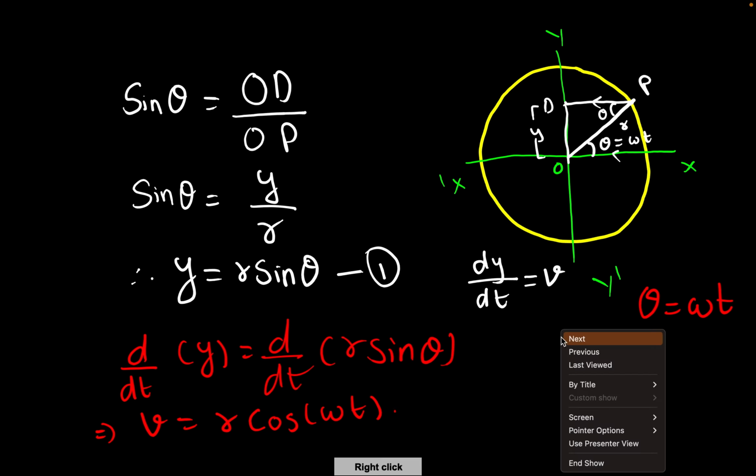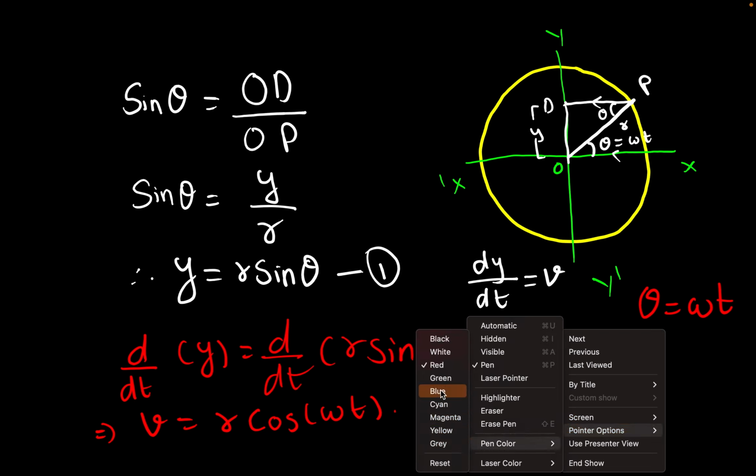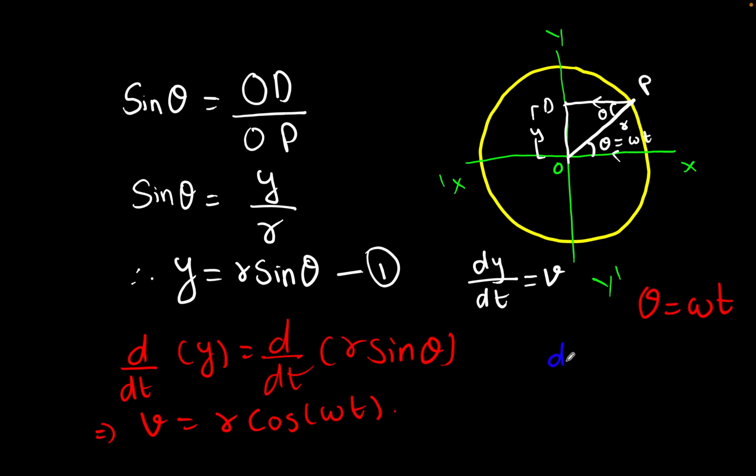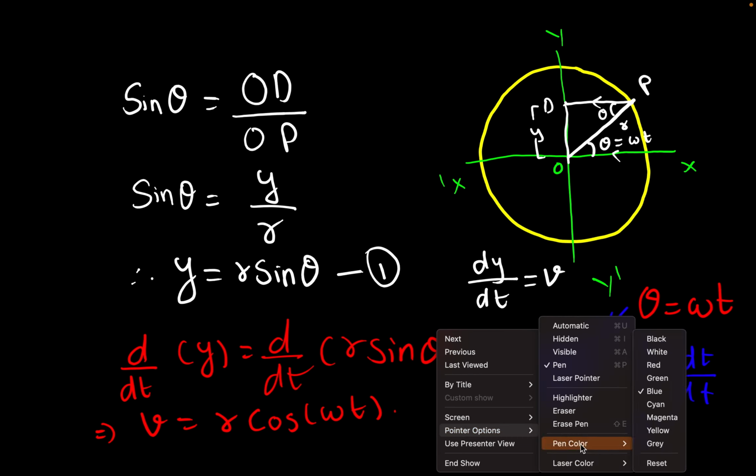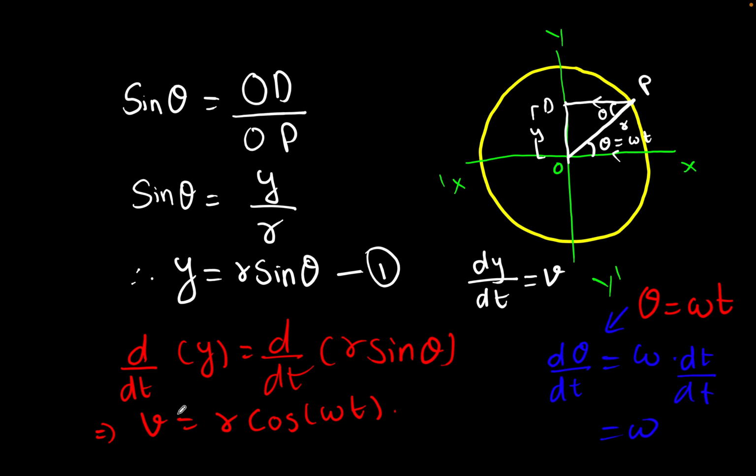The derivative of theta, d theta by dt, is equal to omega dt by dt. That is our omega. So v is equal to r cos omega t times omega. Then we get velocity is equal to r omega cos omega t.